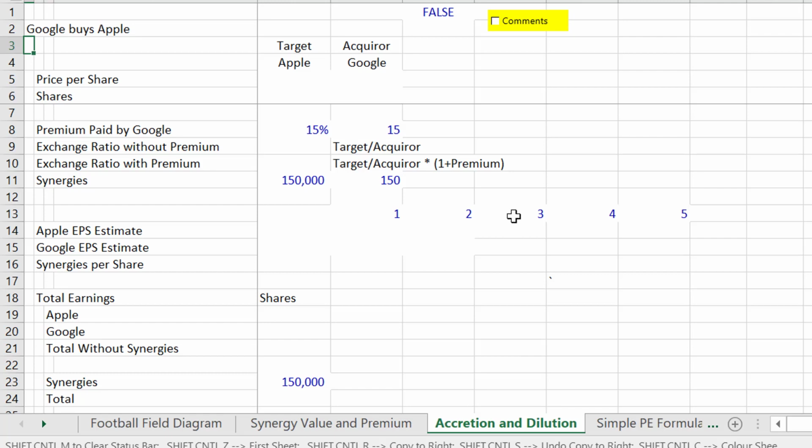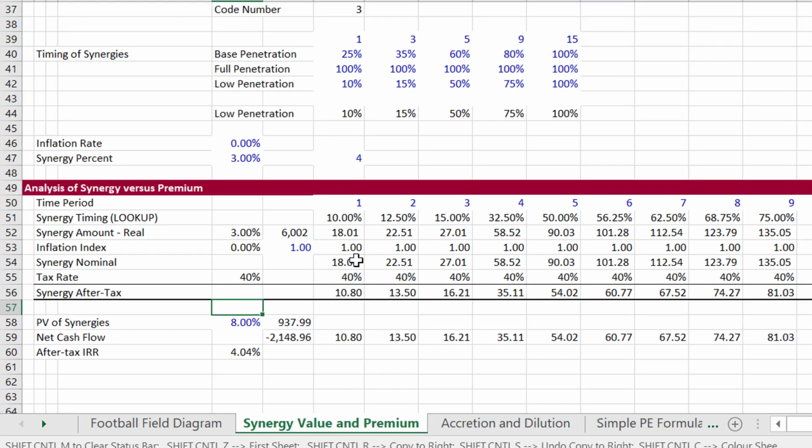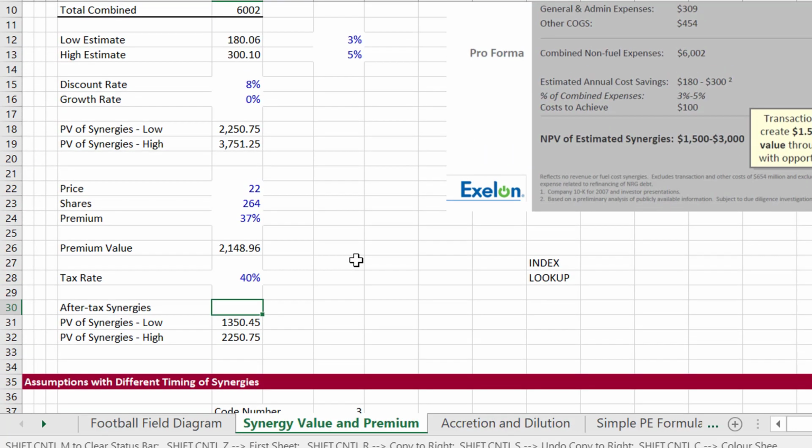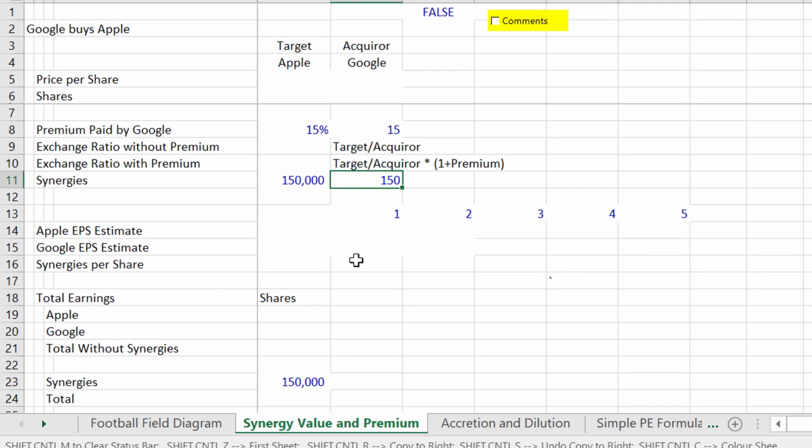I hope you see where we're going now. Let's get some of the data, and here is the big idea, the big theory behind this: even if we don't put any synergies in, everything is about economics. Everything is about paying the premium and getting more synergies than the premium.